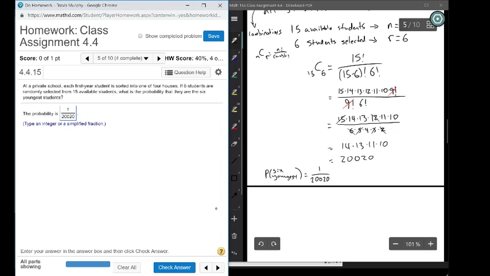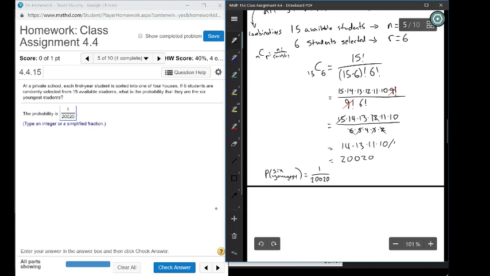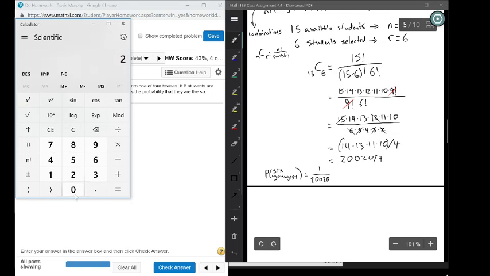You know, we could cancel out a 2 here, but it would be easier to divide the 20,020 by 4. So let's do that. 20,020 divided by 4 is 5,005. So 1 over 5,005.